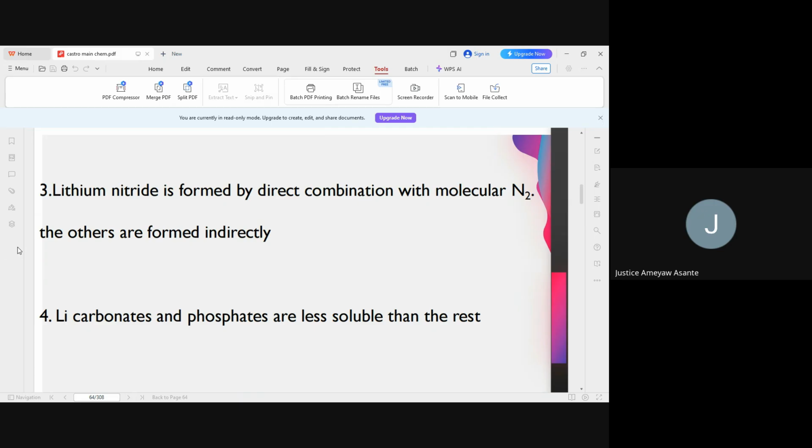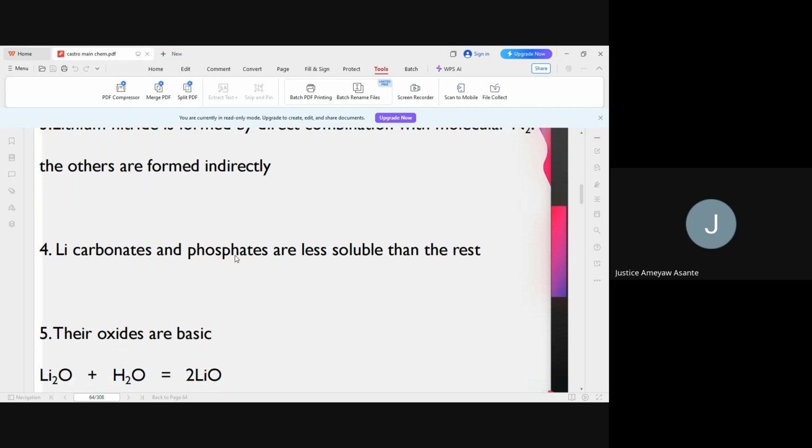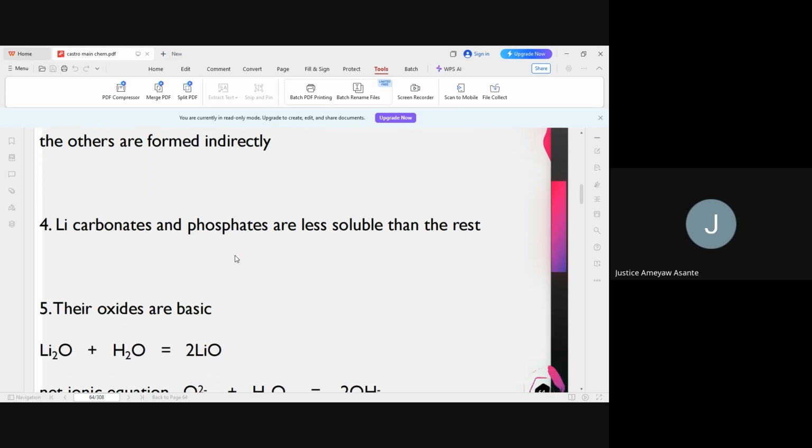Then the next point is lithium carbonate and lithium phosphate. We are saying that all group 1 elements, their carbonates and sulfates are all soluble. But when we compare the solubility of lithium carbonate and lithium phosphate to that of sodium and potassium, lithium is less soluble.